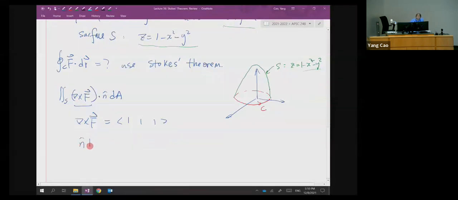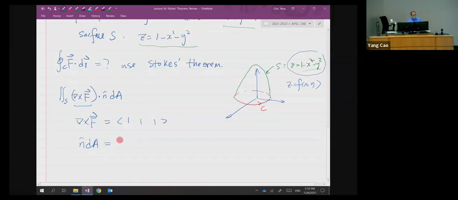Next is to calculate n hat dA. Because it's a surface integral, this is where you look at the formula sheet. What kind of surface is this? It is what we call an explicit surface. It's not a spherical surface, not a cylindrical surface. It's an explicit surface, z equals f of x, y. So you use the n hat dA formula for this type of surface.